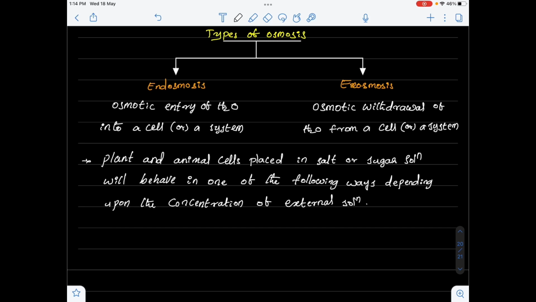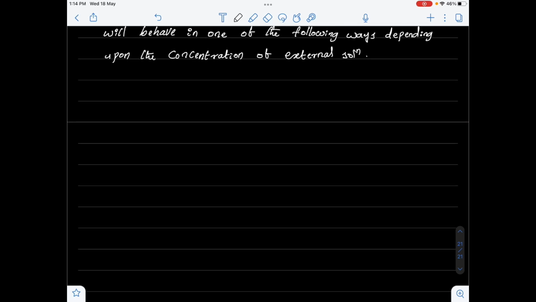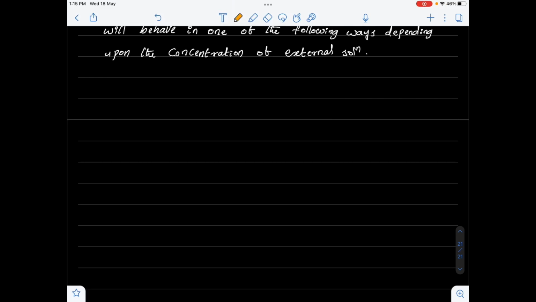So based on this, solutions are of different types. Now let us talk about types of solutions.